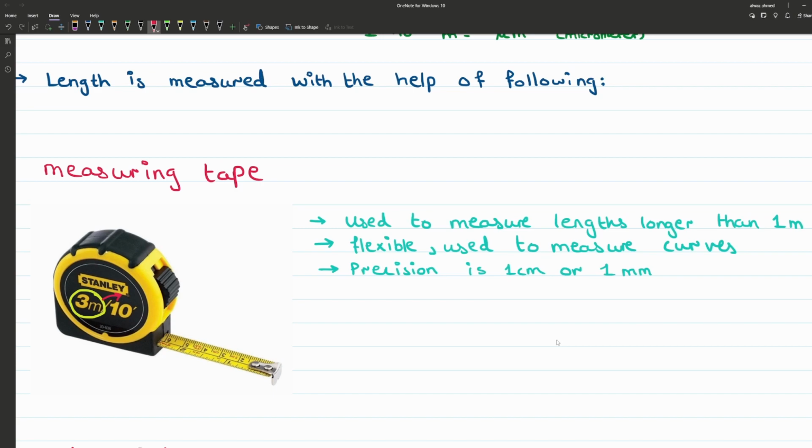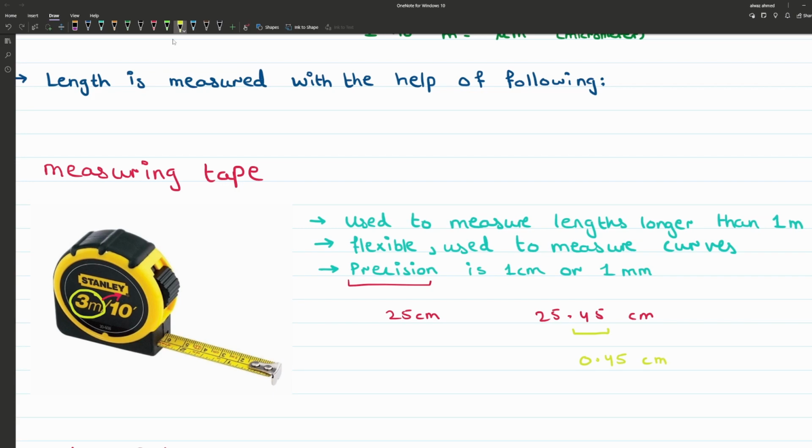Now before explaining this point, I would like to point out what precision is. To understand this, let's take two measurements. The first measurement is 25 centimeter and the second is 25.45 centimeter. If we look at these measurements, the second measurement has an extra 0.45 centimeter of accuracy while the first one does not.